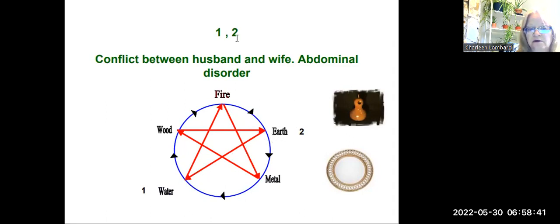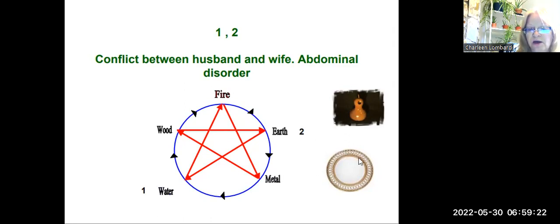And if the number 2 star is the wealth star in the center or in the room of the area that you're in, and you keep triggering, and there's a lot of activity in that room, then you're triggering the number 2, and the number 2 has to do with illness. So you could be having abdominal disorders. And in order to correct that, remember, we have to weaken the earth star. So to weaken the earth star, we have to add metal. It takes away from the energy of the earth because it keeps the number 2 busy creating metal.